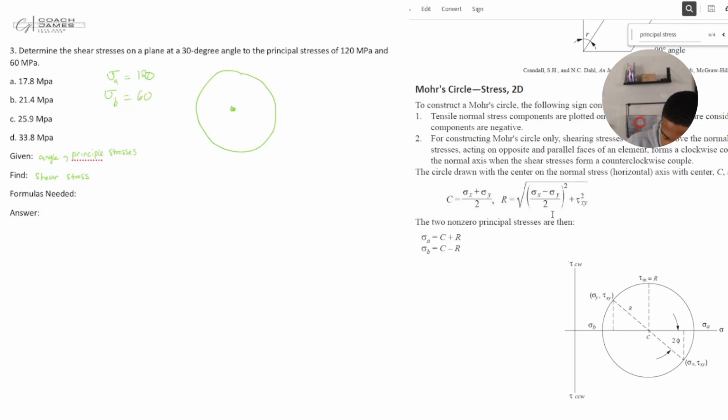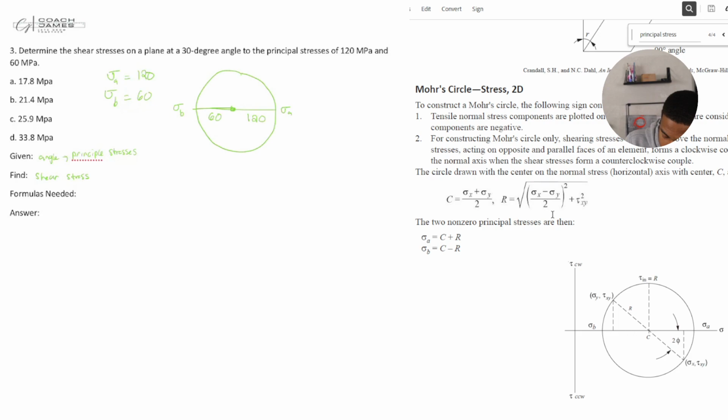I have this circle. I don't know the center, but I do know that it is 120 this way for sigma A. And then on the other side is 60, sigma B. All right.